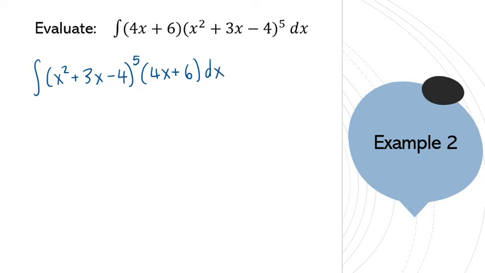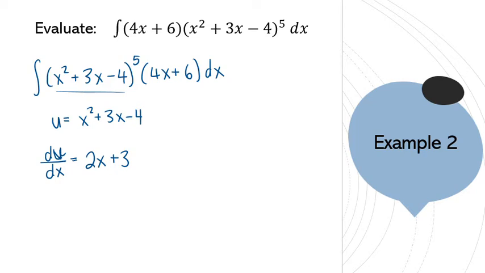So once again, we set u equal to what I see in the brackets, x squared plus 3x minus 4, which means du/dx, just set it up this way, even though I usually just say du, I want you to do the du/dx so that you can rearrange, equals 2x plus 3, which means du is 2x plus 3 dx.